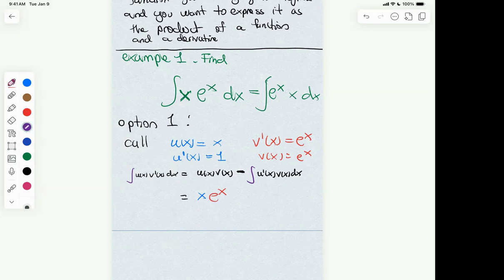So in this diagram, it's this diagonal product, if you like. Let's put this in brown. And then you subtract U prime, which is 1, times V of x, which is e to the x.